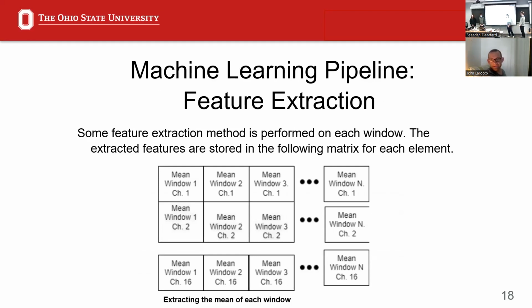Right now we're just using mean. This is what the data will look like at this stage, where we extract a singular value from multiple timestamp data. That's how we convert time series data to stationary data. And this is what the feature extraction stage looks like for the data at this point.